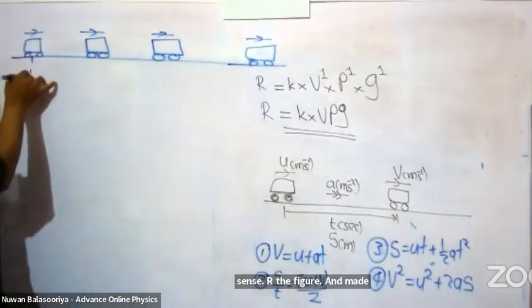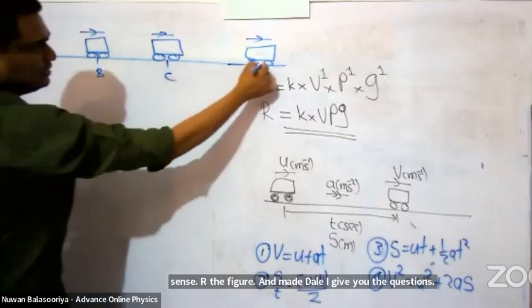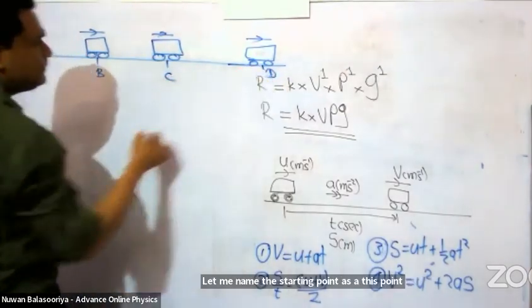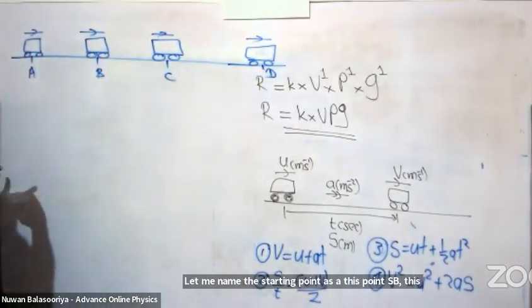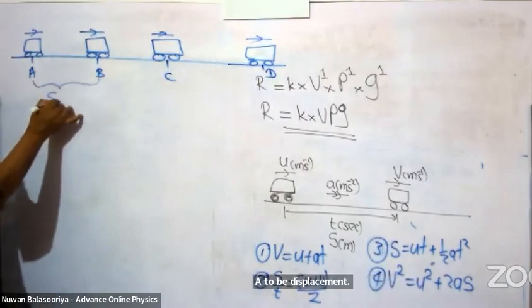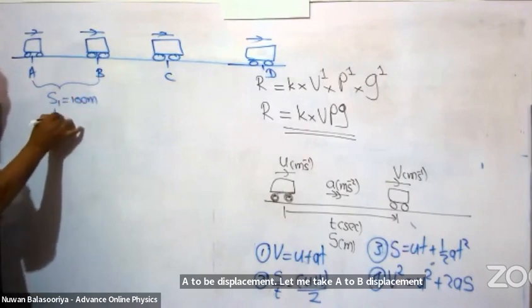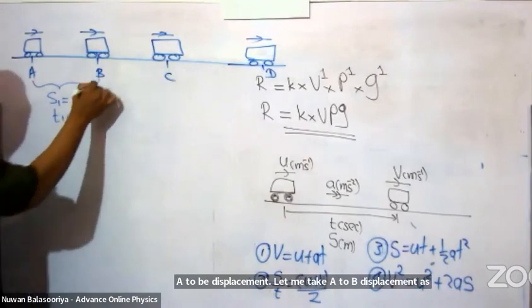Let me name the starting point as A, this point as B, this is C, and this is D. Let me take the A to B displacement as 100 meters. I don't give you the time.